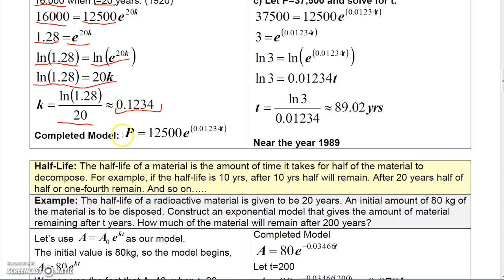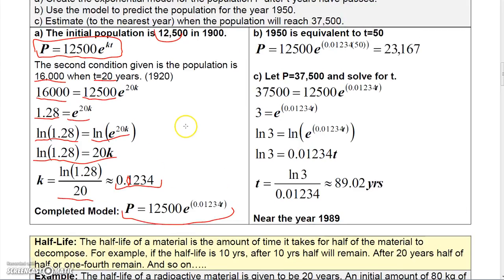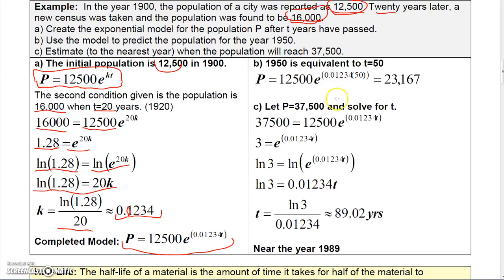So now the completed model is P equals 12,500 e to the 0.01234 T. I think up here it's supposed to be 0.01234. So it's 0.01234 T. Now, if I use this function, I can find the estimated population at the year 1950.